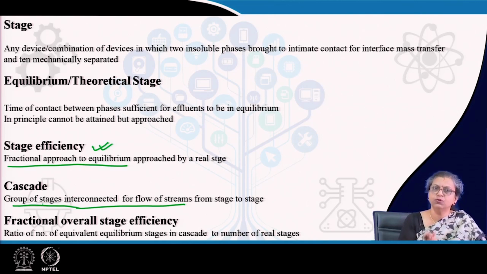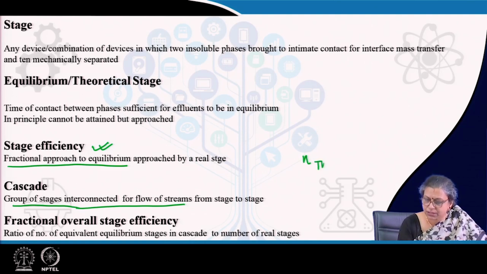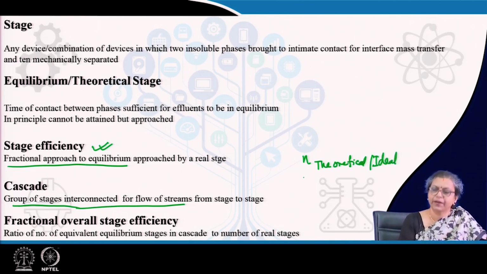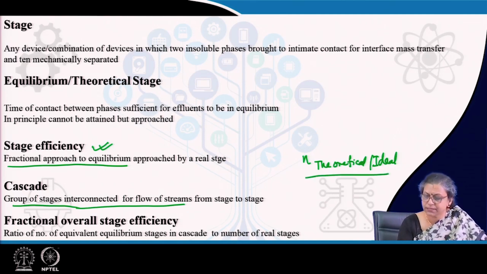So, we find out the number of theoretical stages required to bring about some particular separation, denoted by n ideal. We know that definitely we will require more stages as compared to the ideal stages.